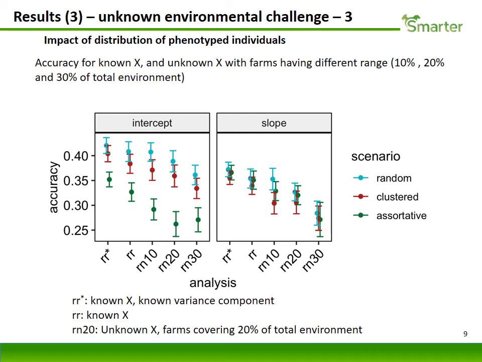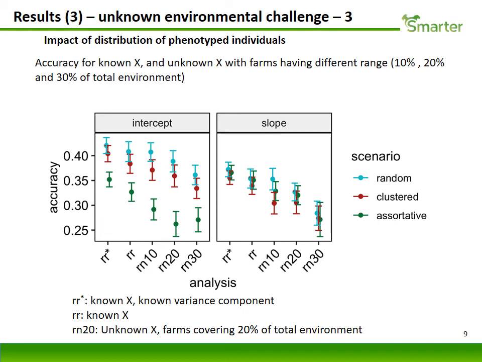So here on the x-axis, again, as before, we have these 5 different analysis types that I explained. Here, different colors show different ways to allocate individuals. So the cyan color is the random allocation that you have already seen in the previous slide. The green is the assortative cluster, and the red is clustered groups.